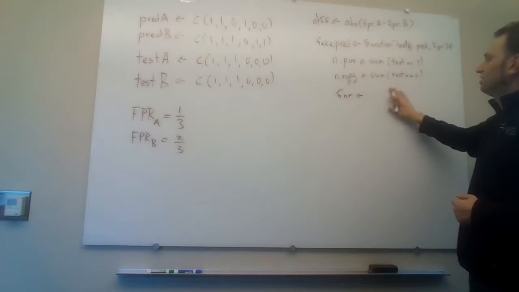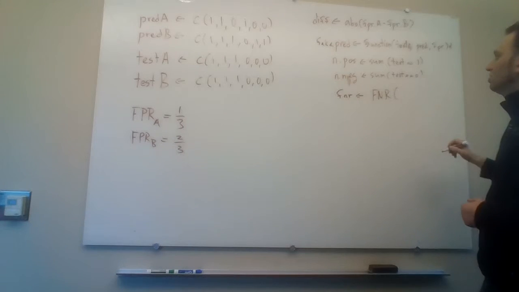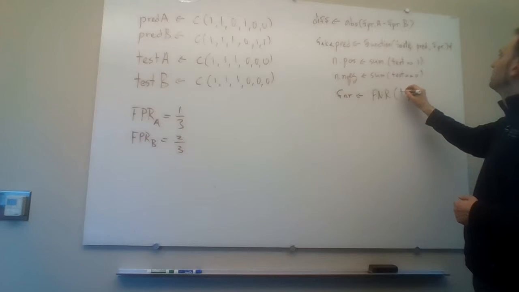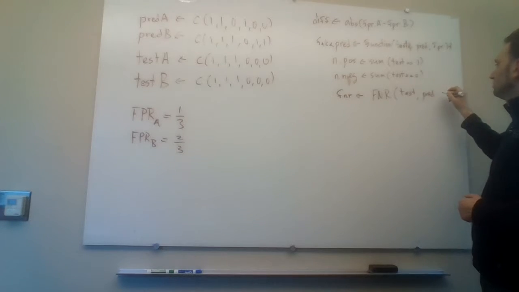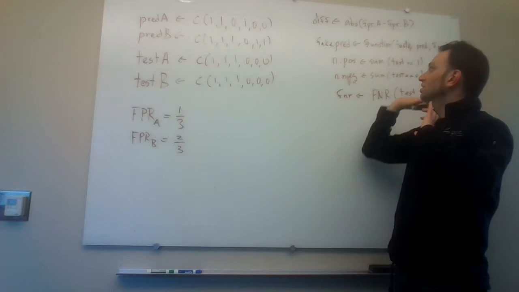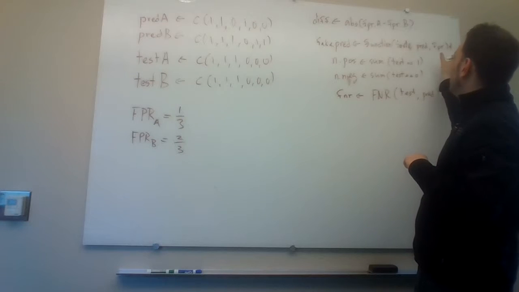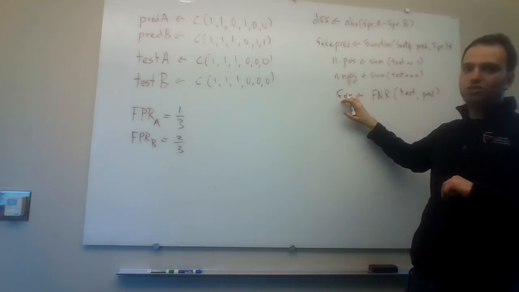So actually, let's just do FNR. We pretend that we implemented this function. So it's going to be FNR of test and pred. And here we use this in order to compute the FNR.